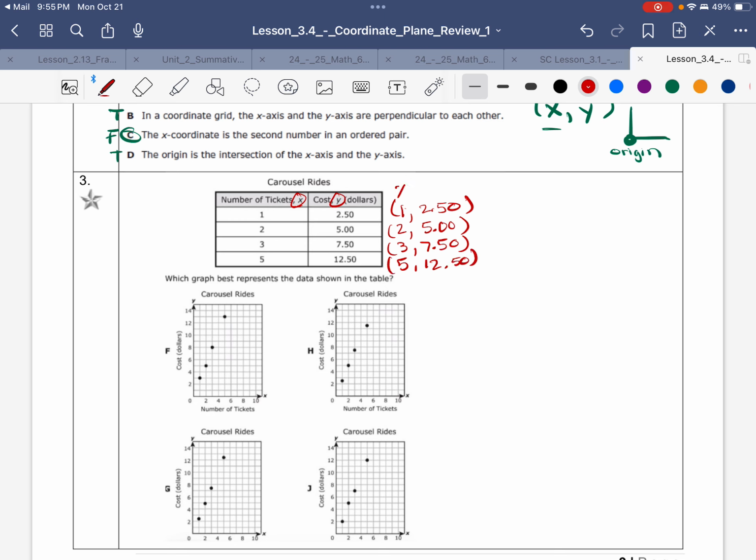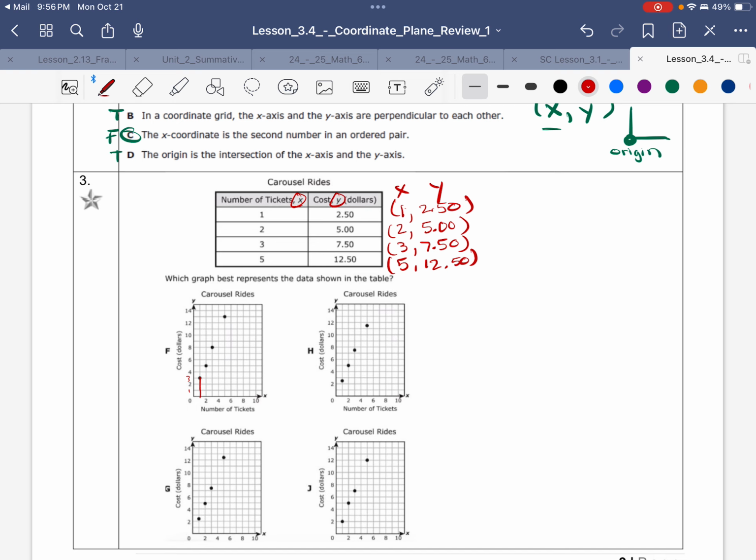Remember, these are our x's, these are our y's. Remember, x's go side to side. So our x's should be our number of tickets, which is down here. So here we have 1 here, and it comes up. It's in between 2 and 4. So if you count these out, you know that that's 1, that's 2, that's 3.